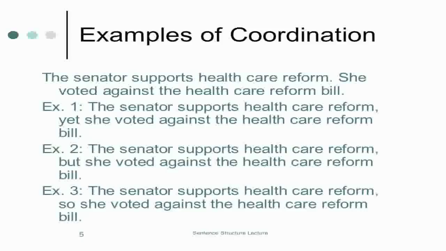Notice, though, that you could change the meaning of the sentence by using a different coordinating conjunction. If you used the word so, the sentence would read, the senator supports health care reform, so she voted against the health care reform bill. It doesn't seem to make sense, but maybe it does. Maybe the bill is really a terrible bill that would make health care reform worse.